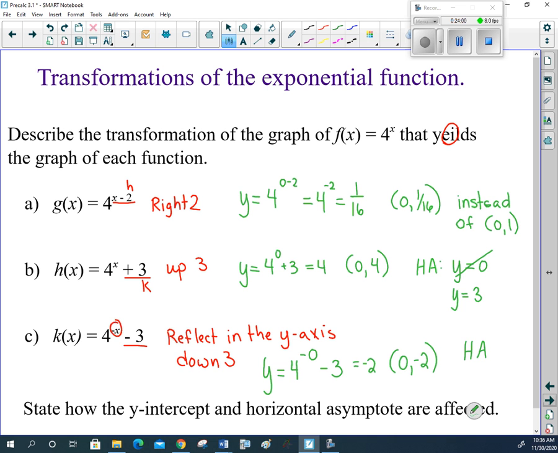Well, right now, the horizontal asymptote is at y equals 0. As soon as you shift it down 3, your new horizontal asymptote is going to be y equals negative 3. So when you go to graph, it's kind of important to know what's going to happen to your y-intercept and your horizontal asymptotes.